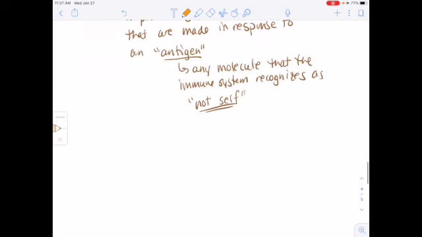All right, so vaccines. A vaccine is defined as a preparation of a pathogen, and by the way, a pathogen is just a microbe that causes disease.